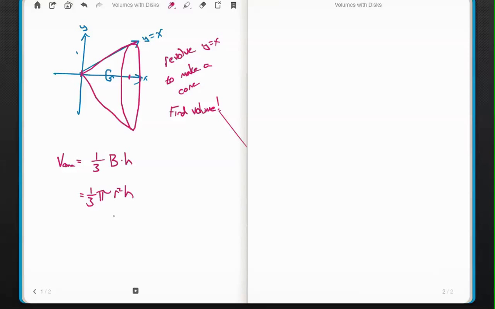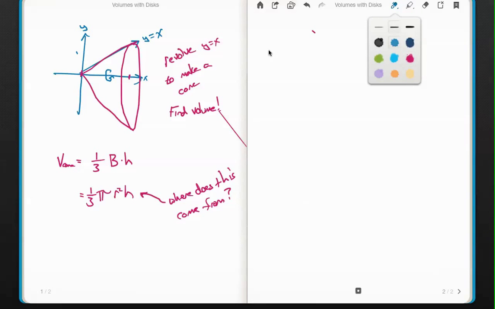Well, my question for you is, and I'm going to be a little unprofessional, where the hell does this come from? Because your geometry teacher told you that, or your physics teacher, or you saw it online. Without really knowing where this formula comes from, I propose that it's not really worth very much.